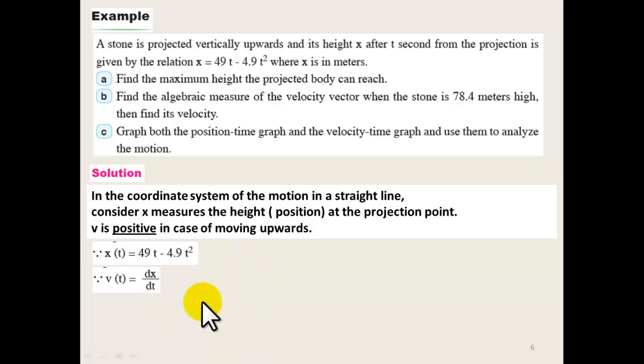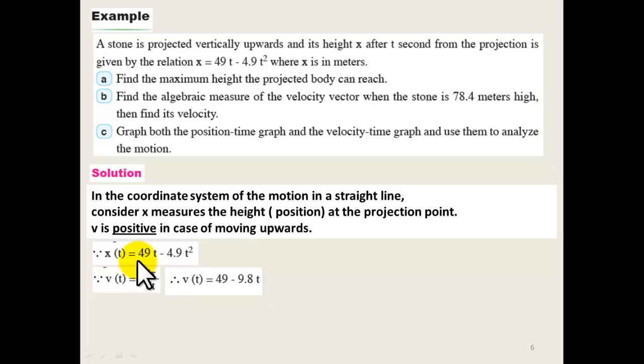So to find the maximum height that can be reached, first we will calculate the velocity, as at the maximum height the projected body can reach, the velocity equals 0. So we want to calculate the velocity. V(t) equals dx by dt, which equals 49 minus 9.8t.